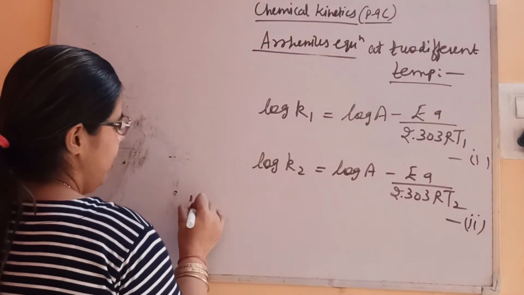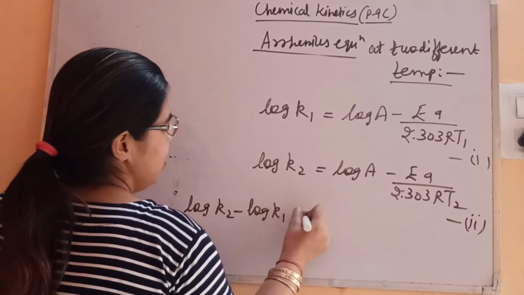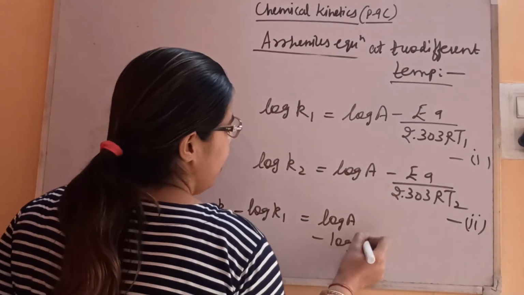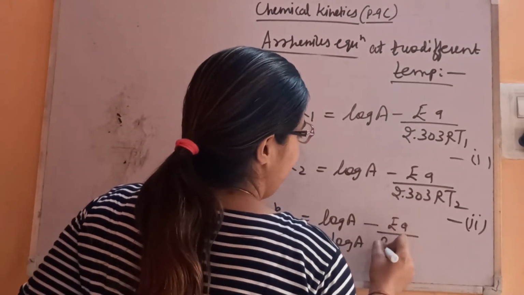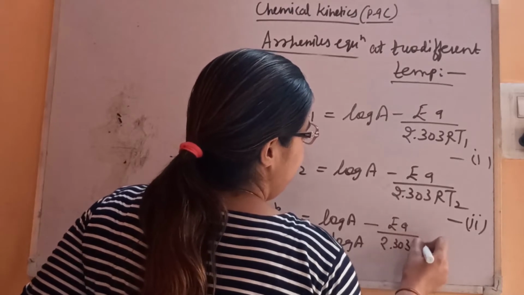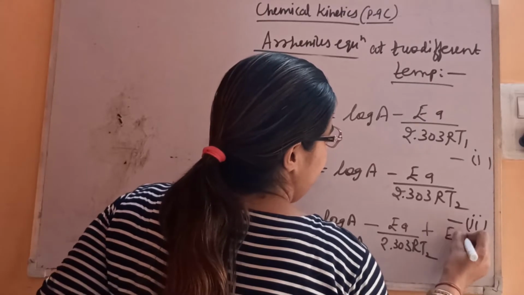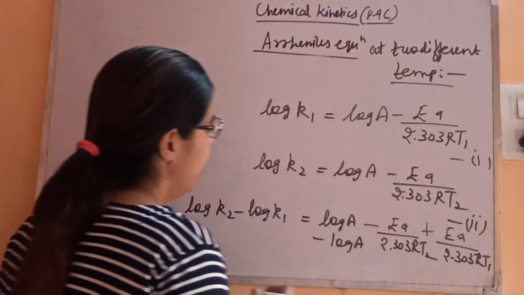So subtract it. Log K2 minus log K1 is equal to log A minus log A, then minus EA upon 2.303 RT2, minus will become plus EA upon 2.303 RT1.